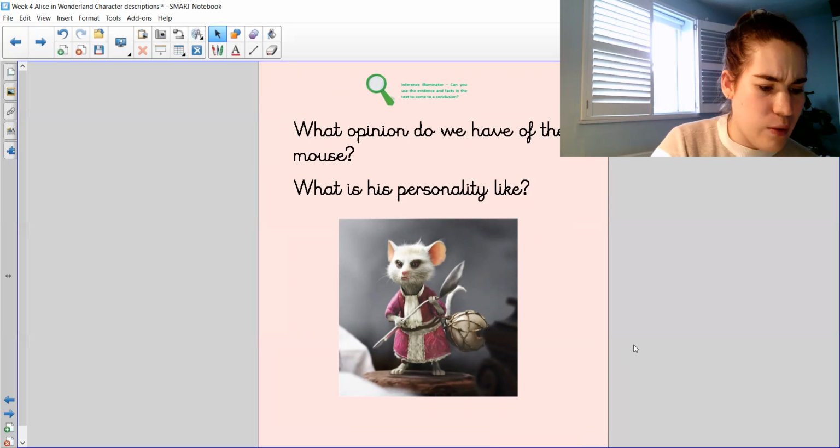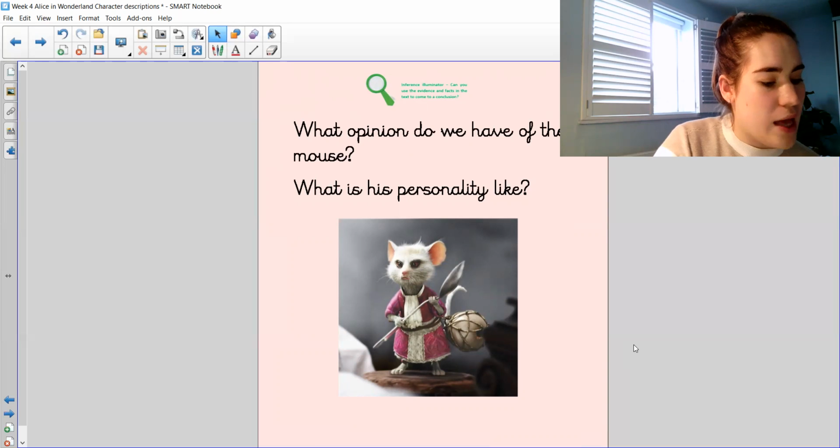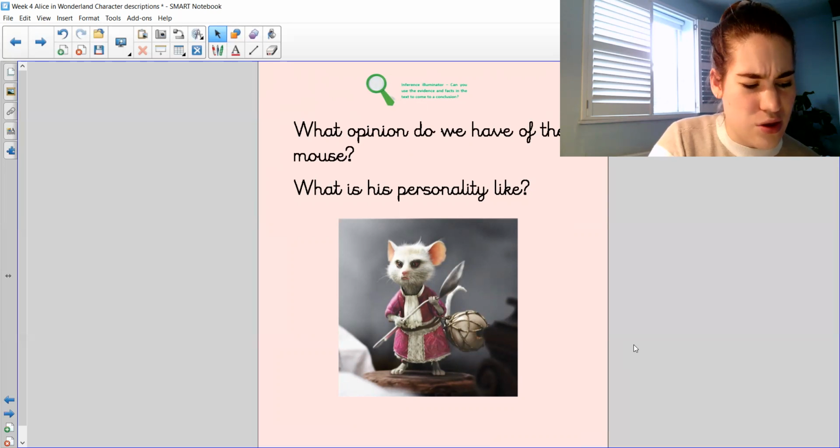"Ugh," said the lorry with a shiver. "I beg your pardon," said the mouse, frowning but very politely. "Did you speak?" "Not I," said the lorry hastily. "I thought you did," said the mouse. "I proceed. Edwin and Morcar, the Earls of Mercia and Northumbria, declared for him, and even Stigand, the patriotic Archbishop of Canterbury, found it advisable." "Found what?" said the duck. "Found it," the mouse replied rather crossly. "Of course you know what it means." "I know what it means well enough.